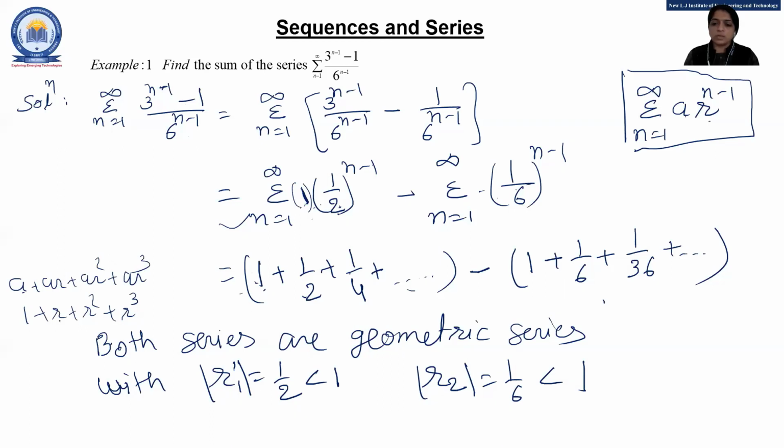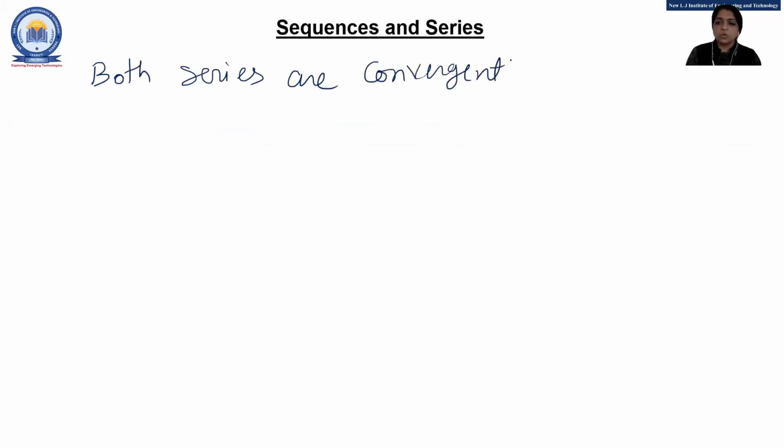So modulus of R1 and modulus of R2 are both less than 1. As both are geometric series with ratio less than 1, both series are convergent, as per the rule of geometric series from our yesterday's lecture.